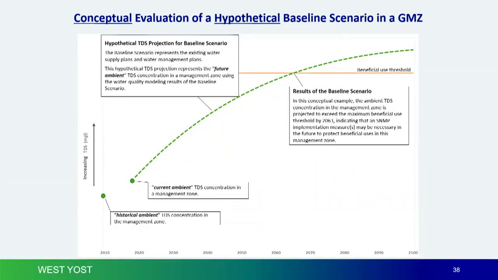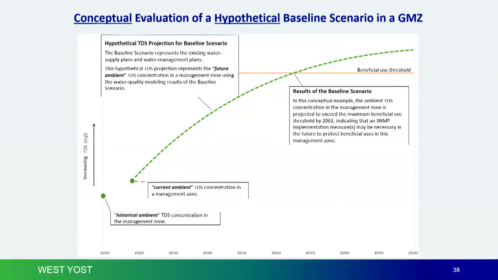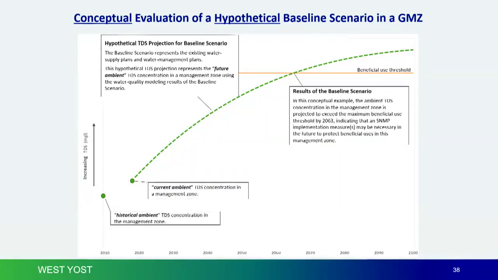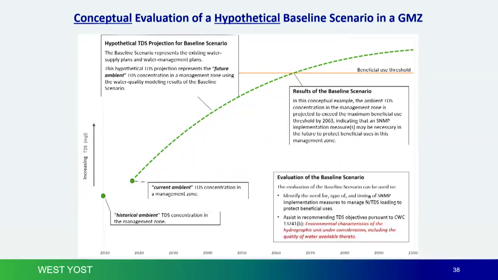So let's say this is the actual result we get. Now we're going to be faced with a process by which, as a group, we start developing salt nutrient management strategy ideas and then using the models to test them out and their effectiveness at controlling salt nutrient concentrations in groundwater.